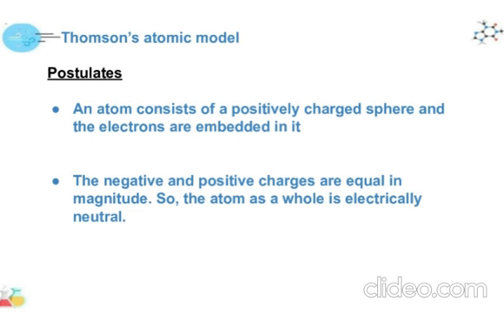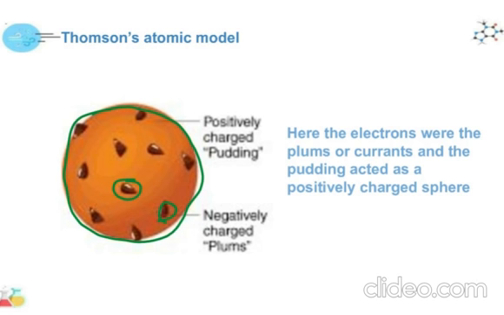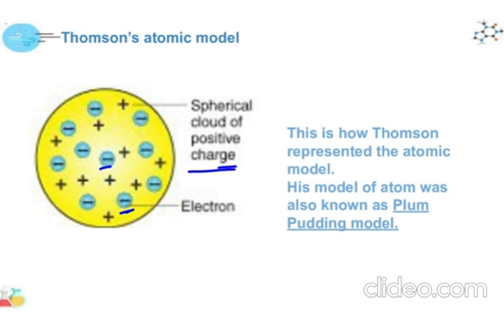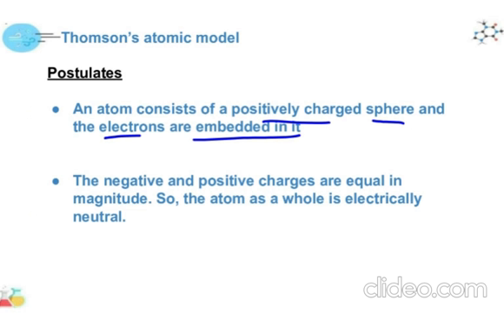Now, what were the postulates he gave? He said that an atom consists of a positively charged sphere and electrons, which are the negatively charged particles, embedded in it, as we can see in this model. The sphere entirely is positive, and inside that the negative charges are embedded.